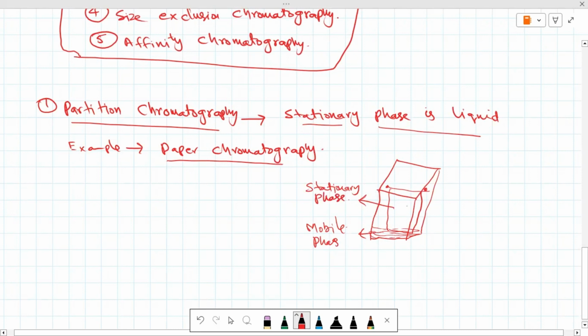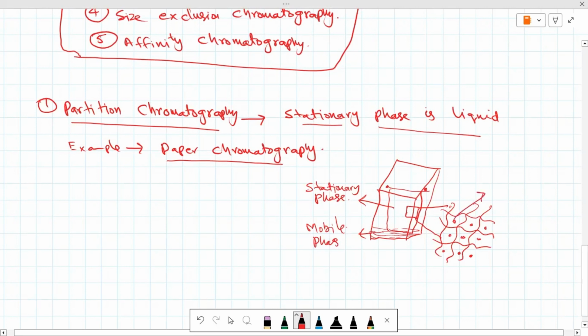Basically, this paper is made up of cellulose, and this cellulose contains water. Water is enclosed inside this cellulose.